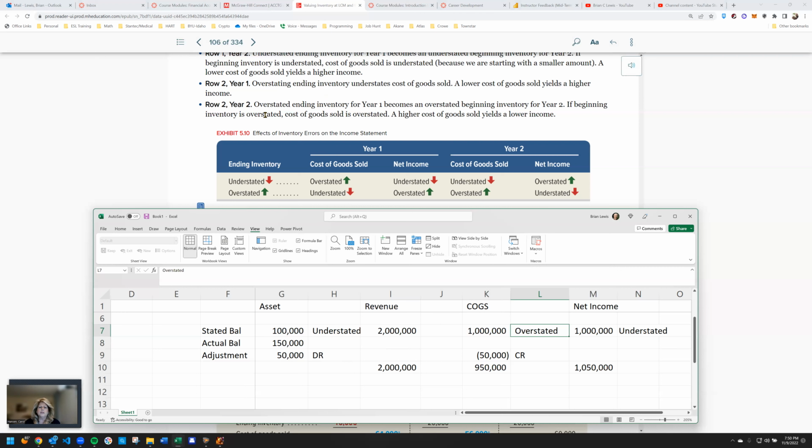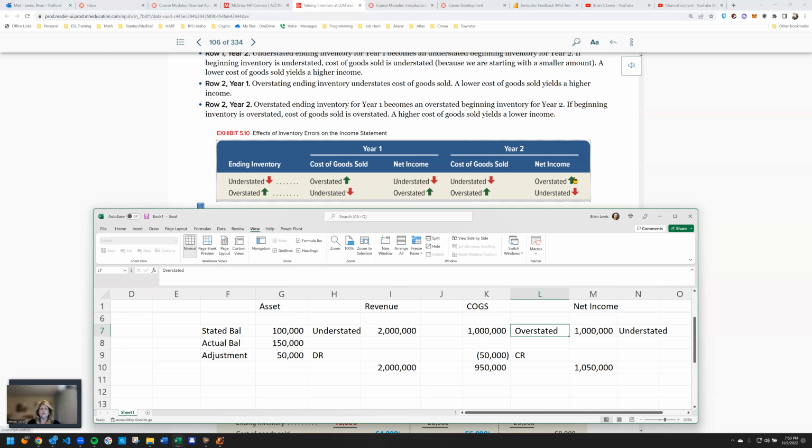You're going to take your inventory to the next year; the ending is going to go to the beginning. So your overstatement becomes an understatement for year two for cost of goods, and your net income is just going to be the opposite. Understated is going to be overstated, because the timing issue from one year to another carries over and makes an inverse impact.